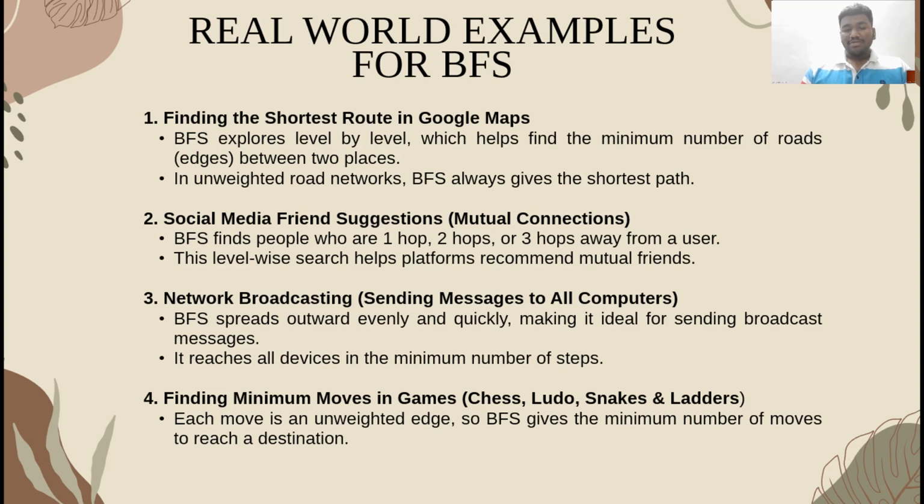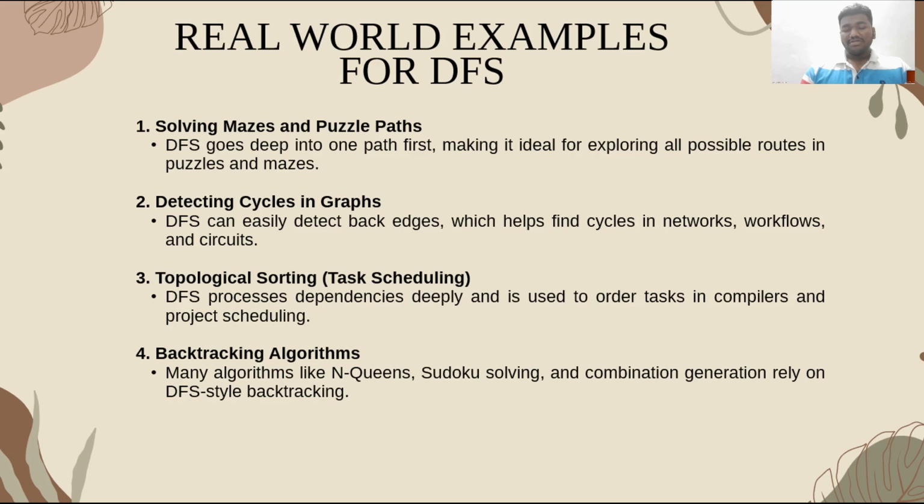Real world examples of DFS, depth first search, are solving mazes or escape rooms, puzzle solving like Sudoku and N-Queens, and website crawlers. A search engine crawls a web page, then goes deeper into every link inside it, so it explores depth first. Another example is a file explorer searching through folders.